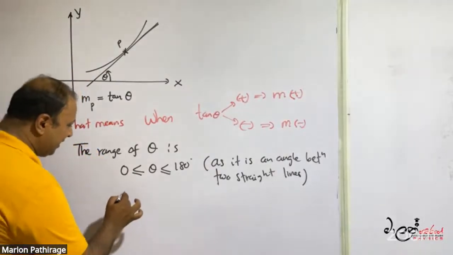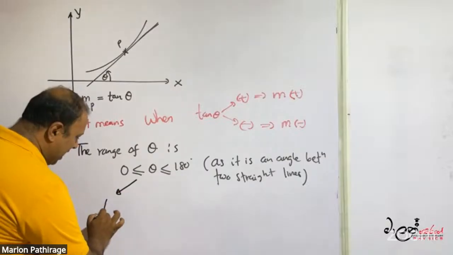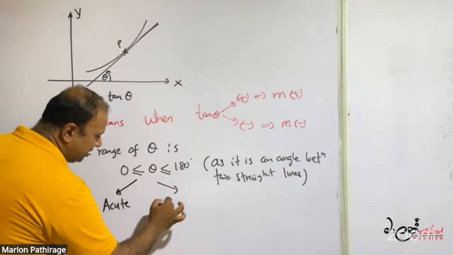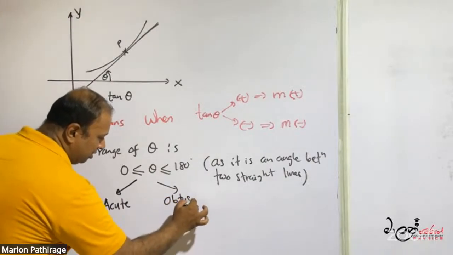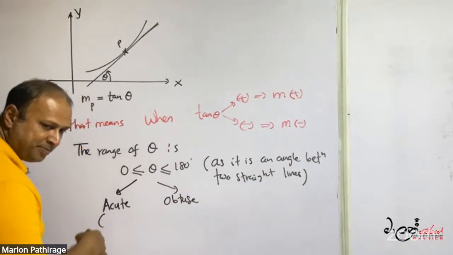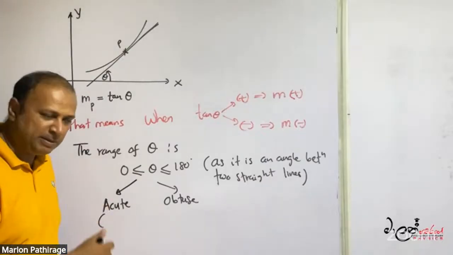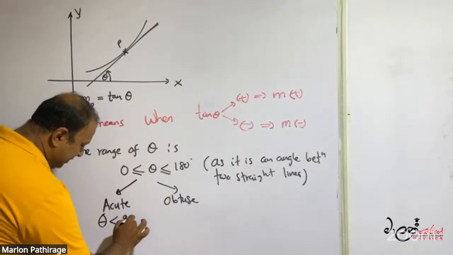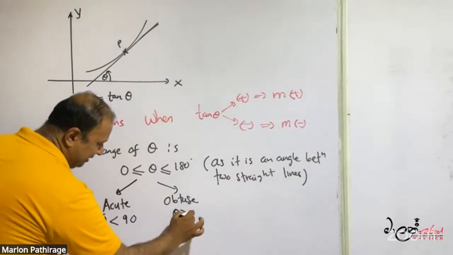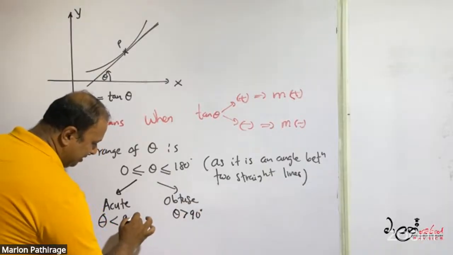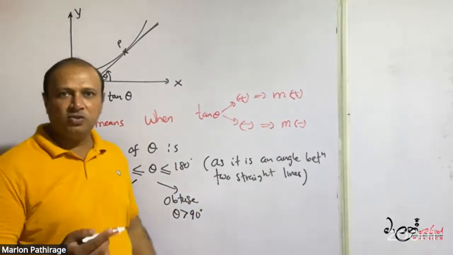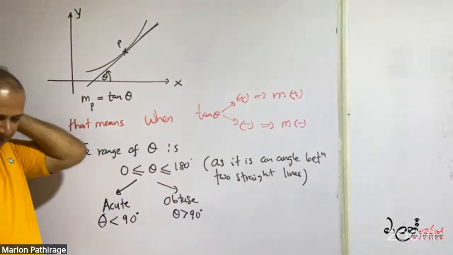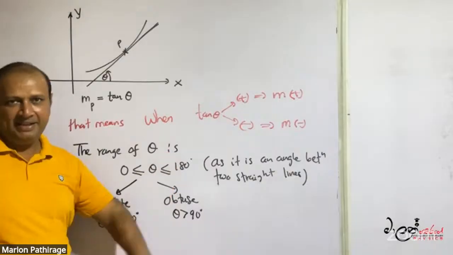Acute means theta is lesser than 90. Here theta is higher than 90. When theta equals 90, it will be another case.